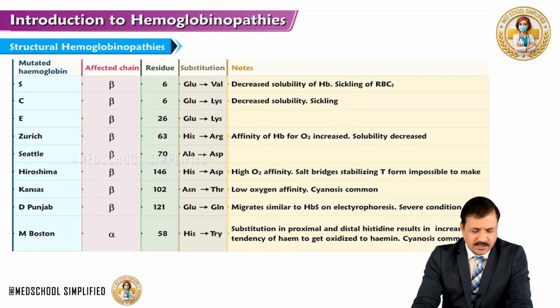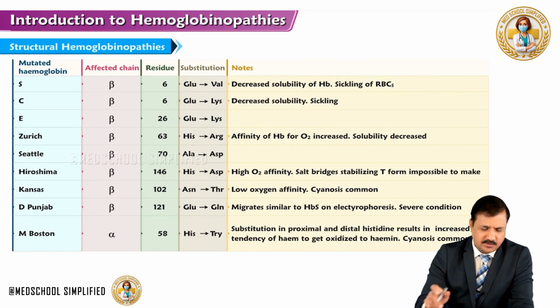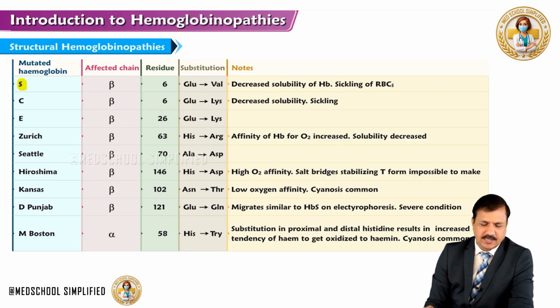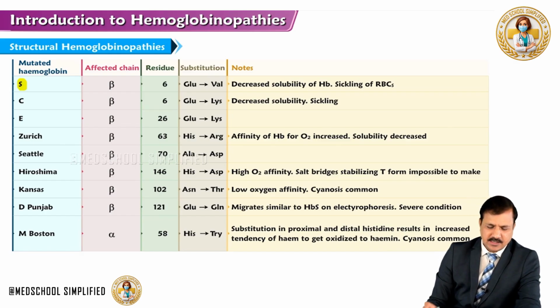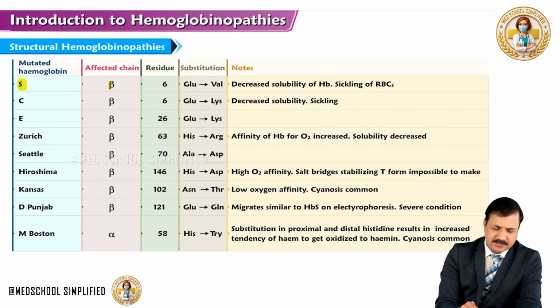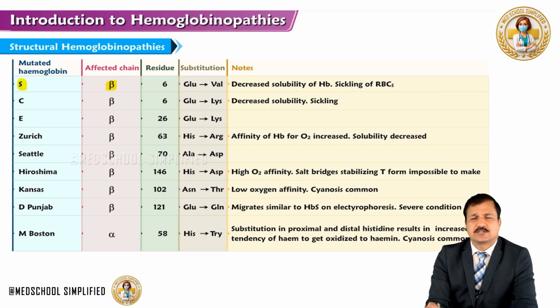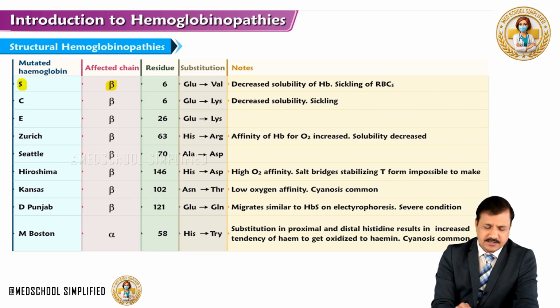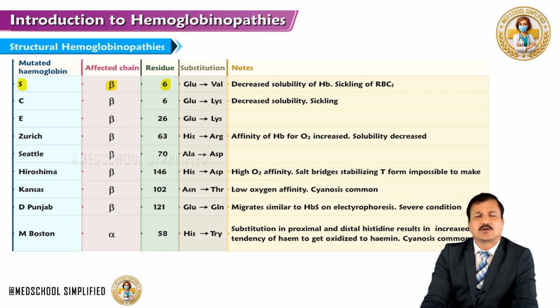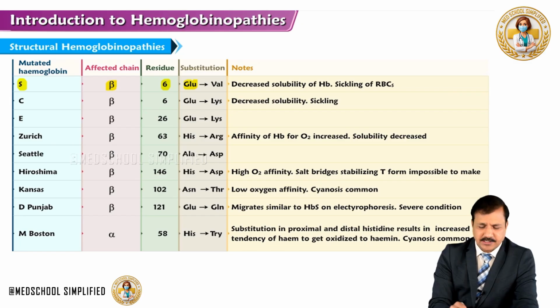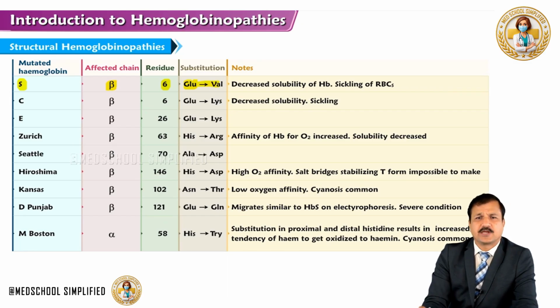Now let's look at some of the structural hemoglobinopathies. A mutated hemoglobin of S type, sickle type: in this, the beta globin is the one that is affected, and the position of the amino acid residue that is substituted is the 6th position, where the glutamate normally present is replaced by valine because of the mutation.